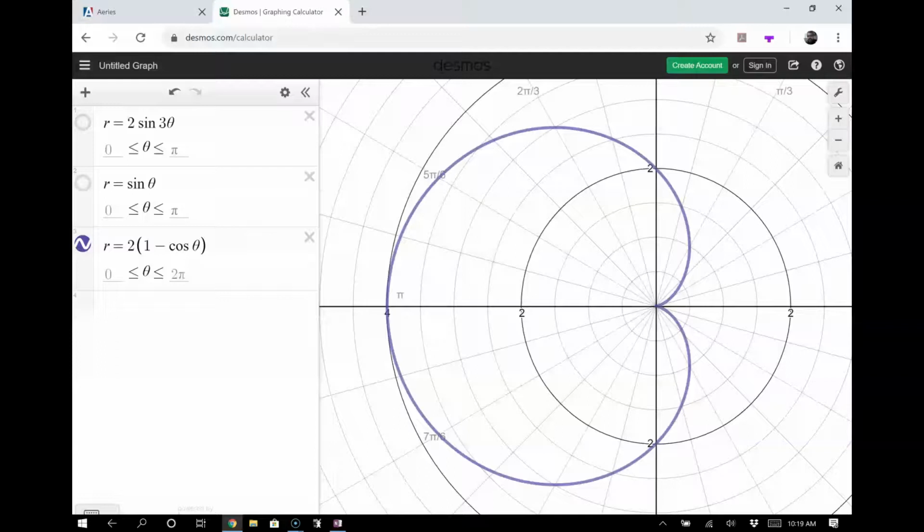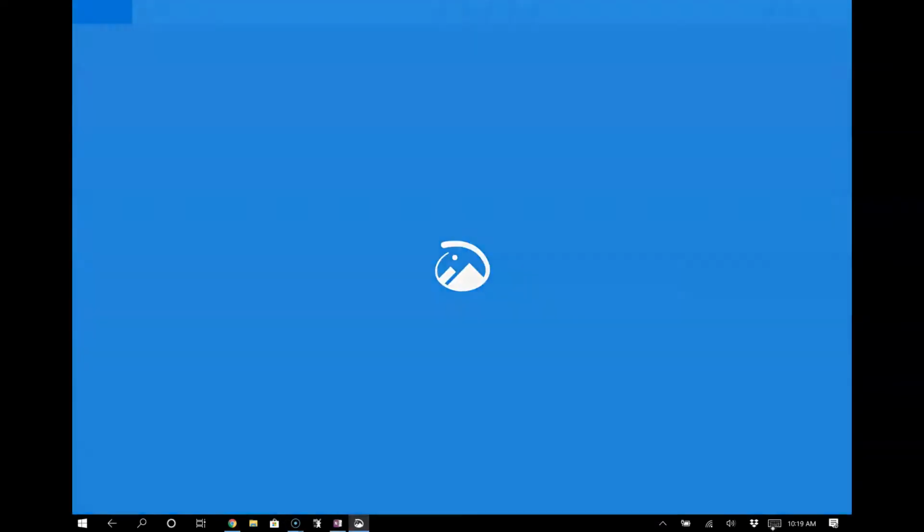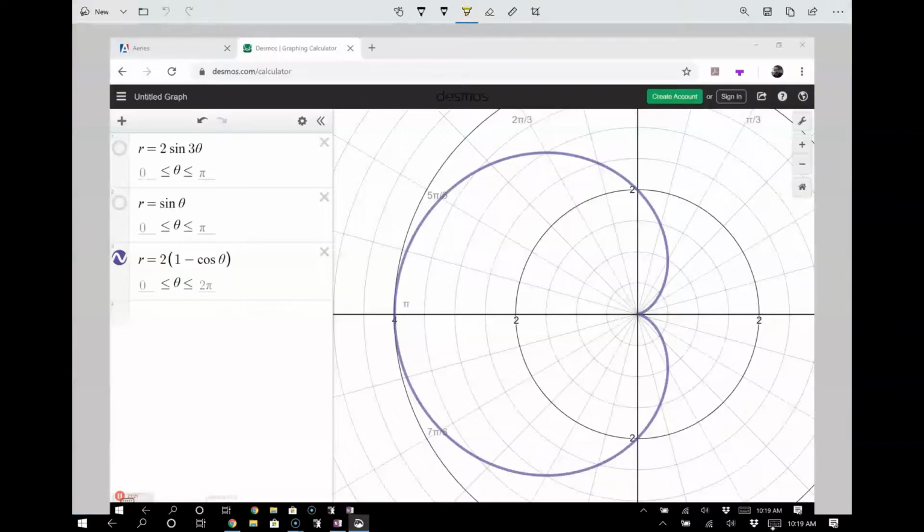So, again, just to give you an idea, I'm just taking a screenshot of this so we can see it. We're going to have a horizontal tangent line probably here and here. And then vertical ones would be here, here, and there.